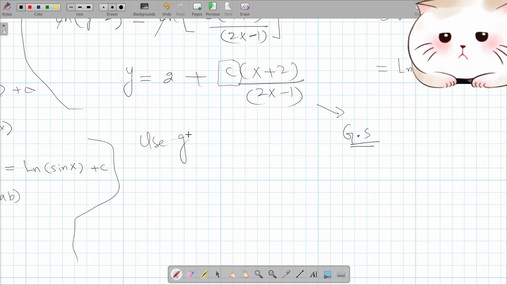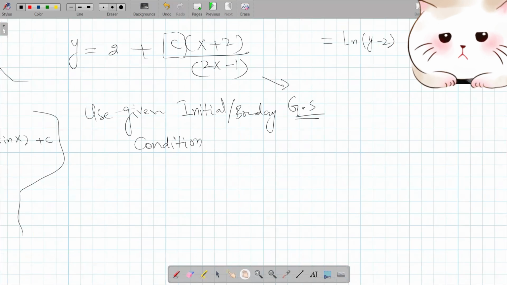We will use the given initial condition. There is a difference between initial and boundary conditions, but your book is not differentiating between them. So it's okay, you can call it initial or boundary, both.